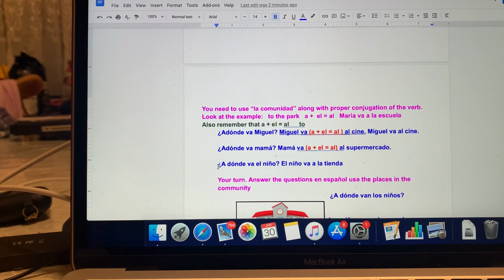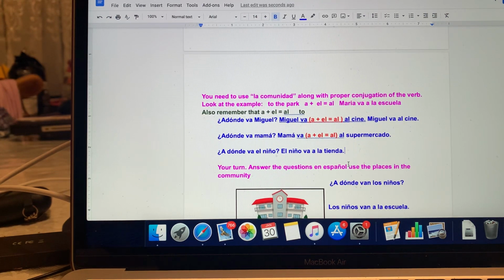Let's read it again. ¿A dónde va el niño? El niño va a la tienda. There was no change here because in this instance, we are working with a singular and feminine article, and we are using the preposition a, which means to.